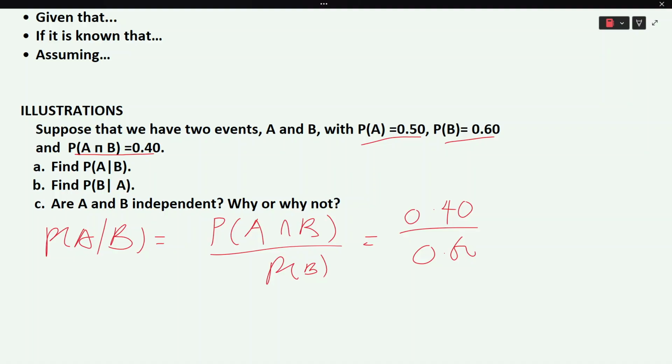So now we have 0.4 divided by 0.6, which gives us 0.67. So you can say that we have 67%.